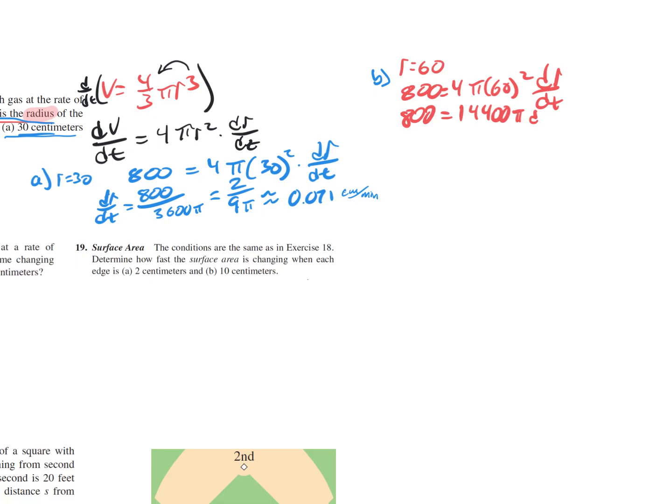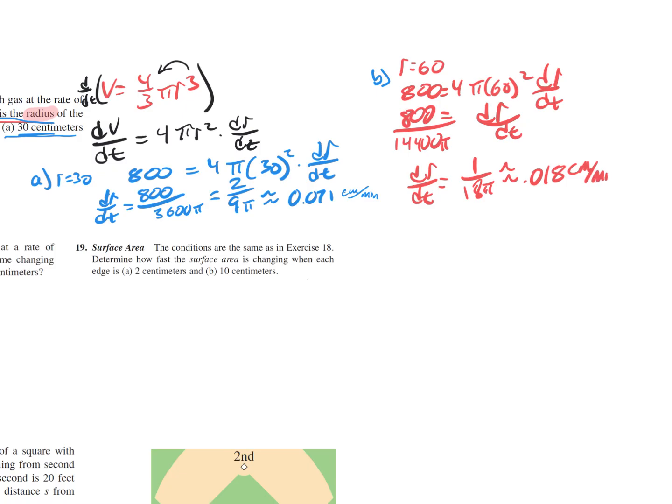So let's just go ahead and divide that over. So we divide both sides by 14,400 pi, and that's dr/dt. And that simplifies to 1 over 18 pi, or approximately 0.018, and that would be centimeters per minute.